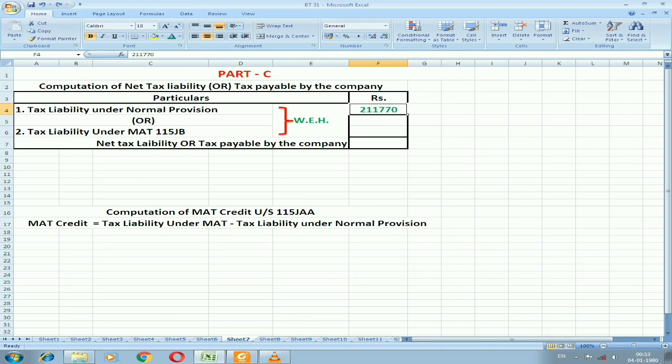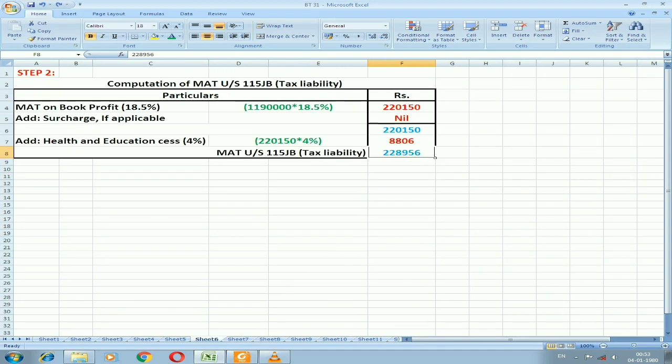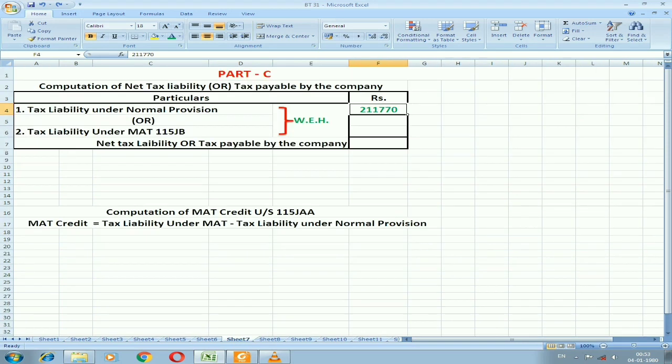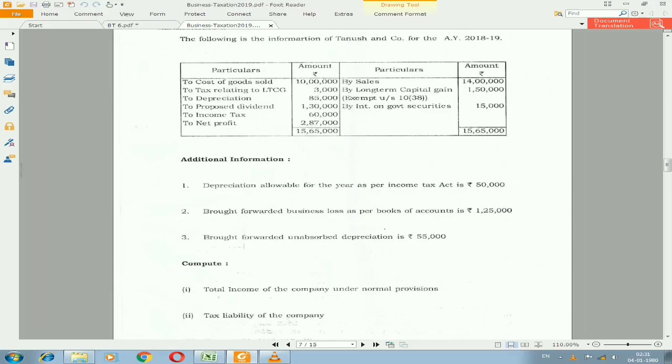Then the tax as per MAT, which we have just found, is 2,28,956. Whichever is the higher amount will be paid by the company, that is 2,28,956. Now let us solve one more illustration.